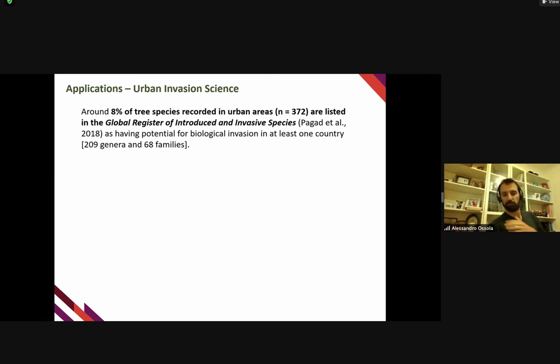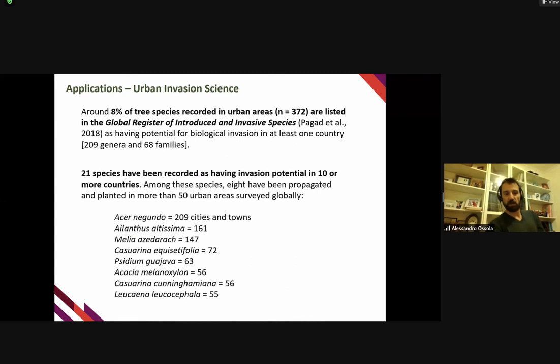So we are not accounting for any of the other life forms overall. So we cover a significant number of genera and families. So it means that potentially biological invasions could be around the corner if we were to introduce some of these species and cultivate them in the wrong place. Really, the bulk of these are essentially 21 species that have been recorded to have potential invasion in 10 or more countries.